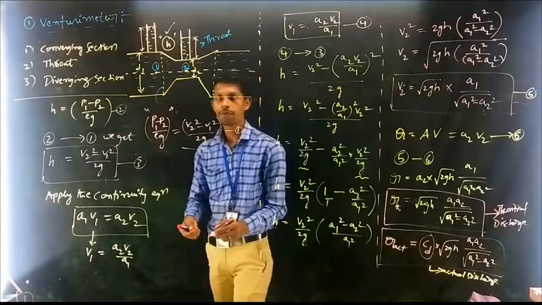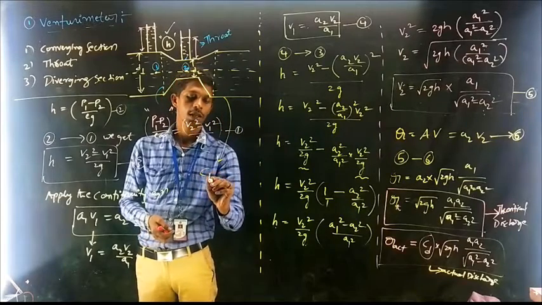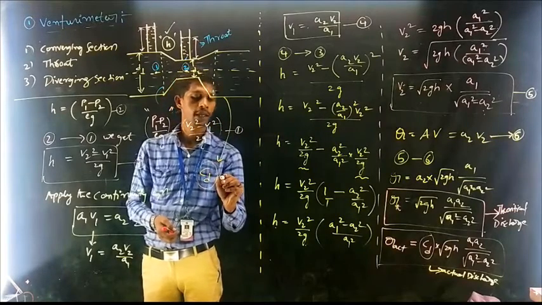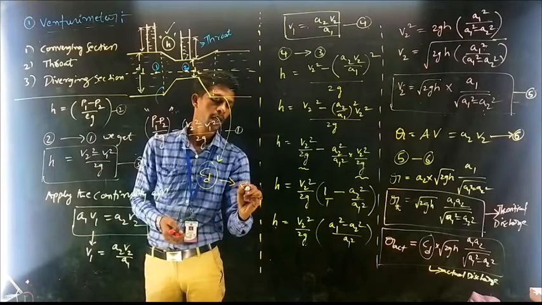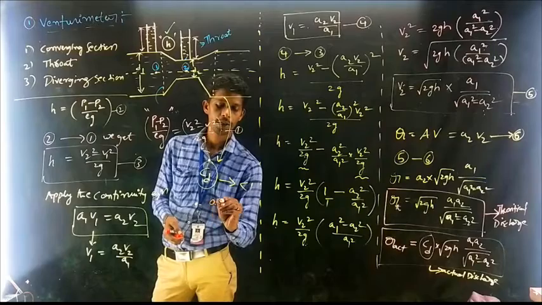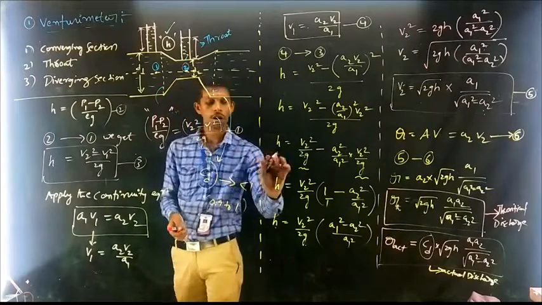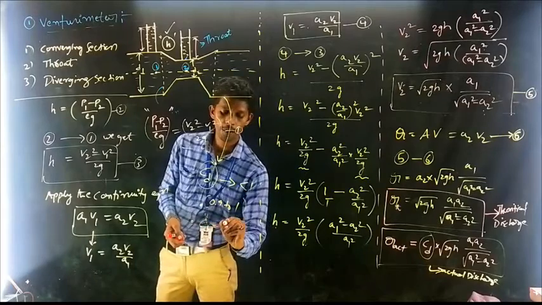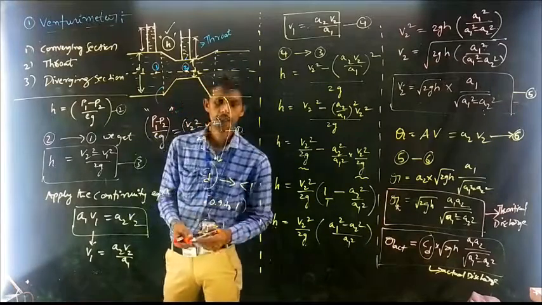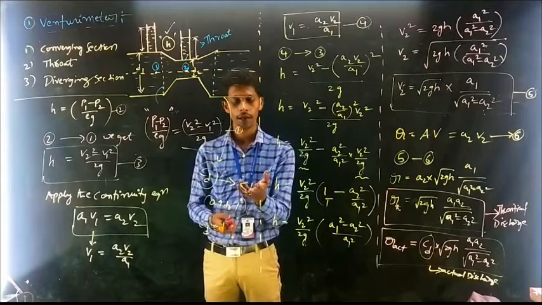Then what about the coefficient of discharge for the venturimeter? The CD value for venturimeter will be less than 1. We basically take between 0.9 and 1. If there are no losses, the CD value will be 1. If there are any losses, the CD value will be less than 1.